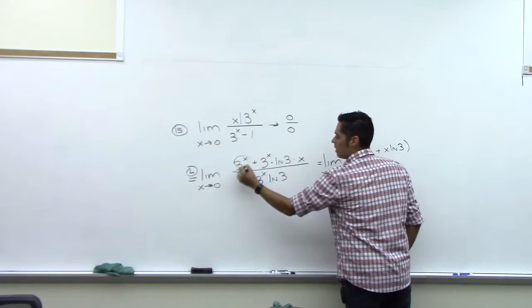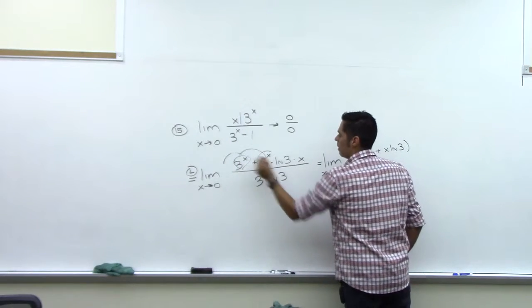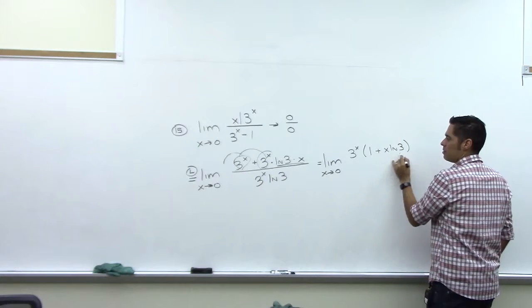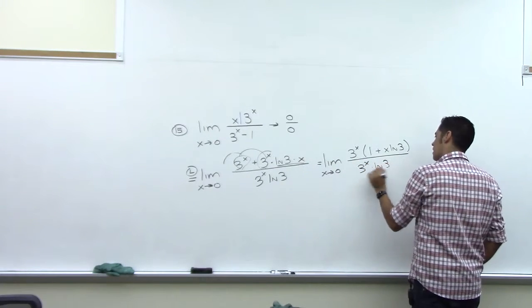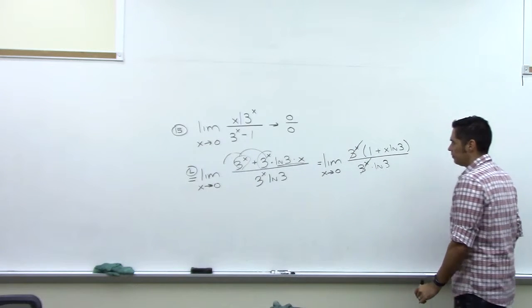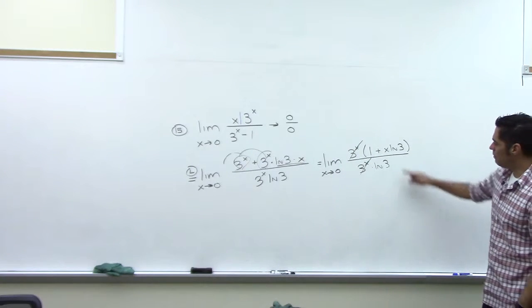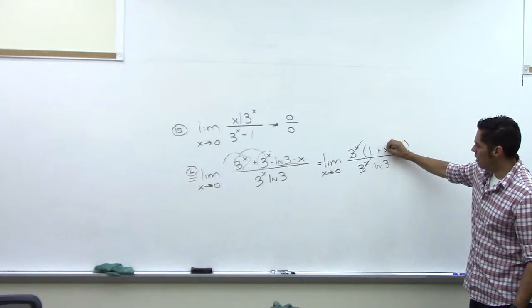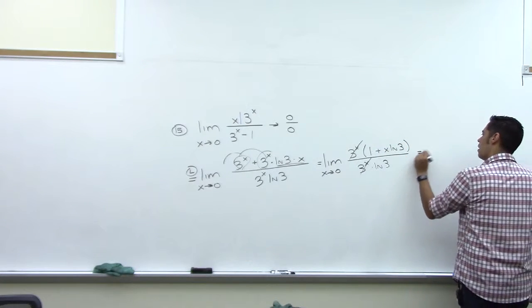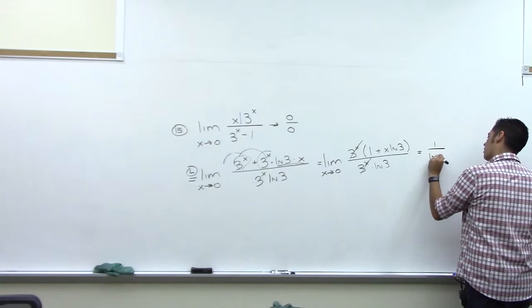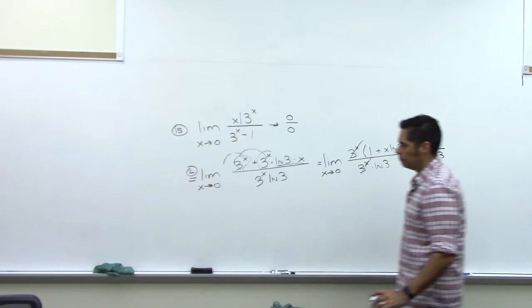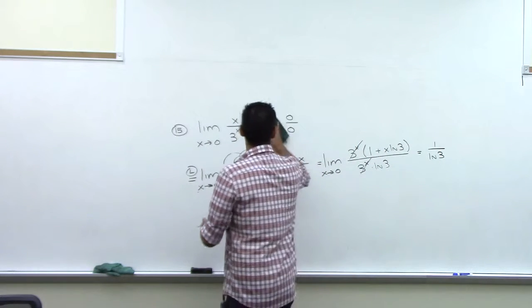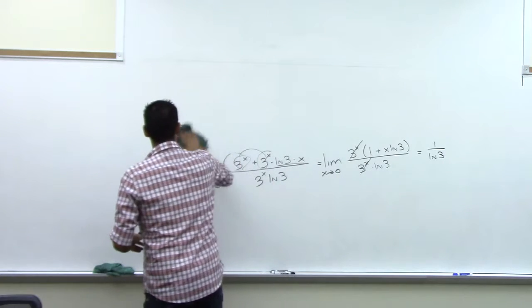So I pull this 3 to the x out, there's a 1 there, pull that one out, and I have these two pieces here, which is this, all over 3 to the x times natural log 3. These cancel. And now I let x go to 0. If that's 0, that's gone. I just get a 1 on top, 1 over natural log 3. Interesting answer.